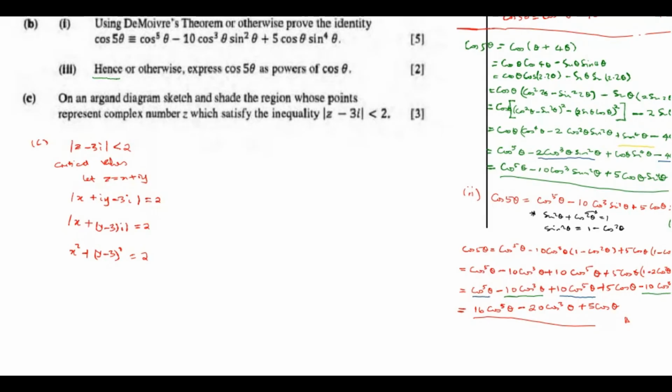Taken from the general equation of a circle, it says x minus a squared plus y minus b squared equal to r squared, where the center of the circle is (a, b) and the radius of the circle is r.